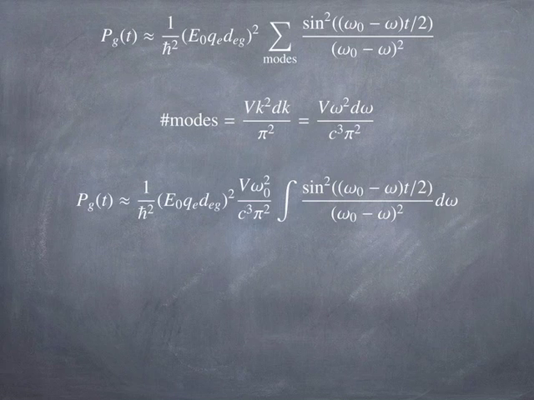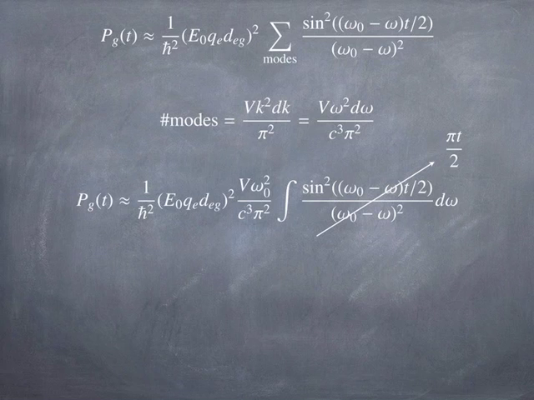It's a sinc function, really. And if we make the substitution that delta omega times t over 2 is equal to x, and integrate, we find that that integral in a very short period of time reduces to pi times t over 2.